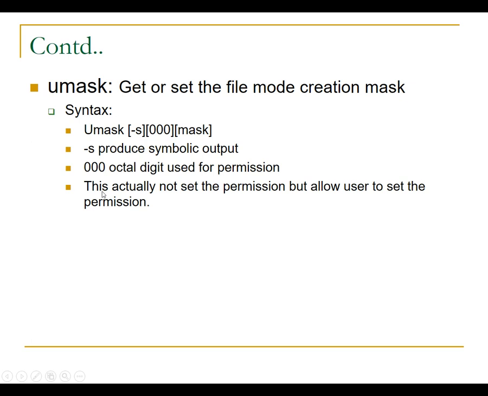This command allows the user to set the permission, but it does not set the permission by itself. The line written here says it actually does not set the permission, but allows the user to set the number of permissions.